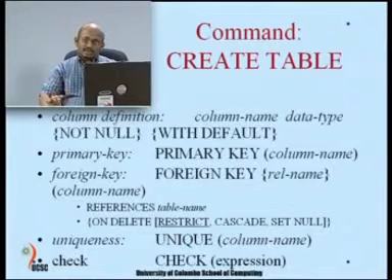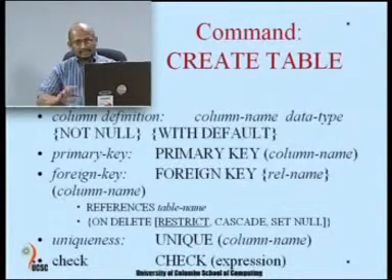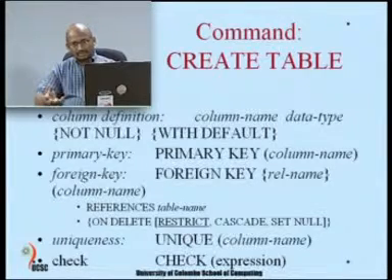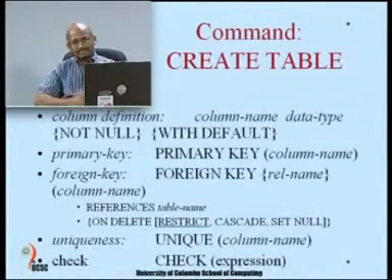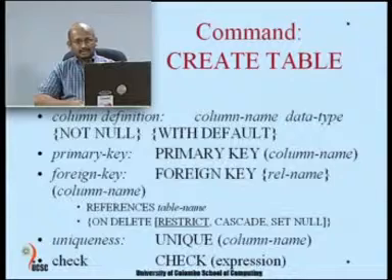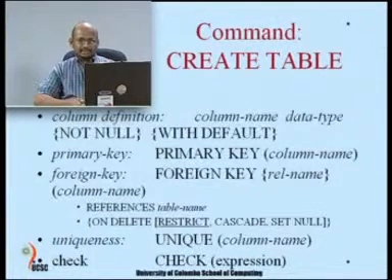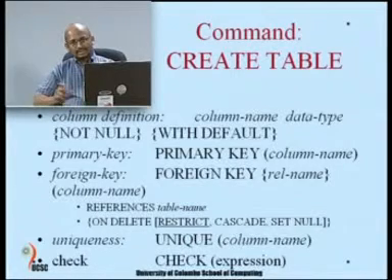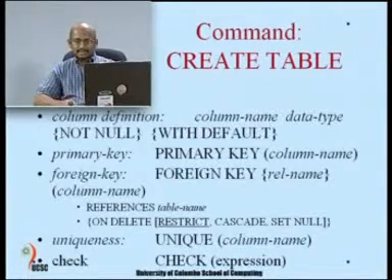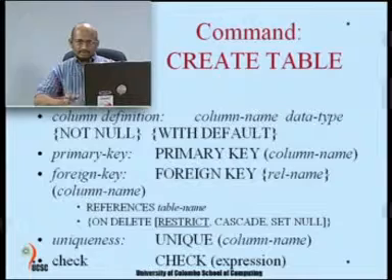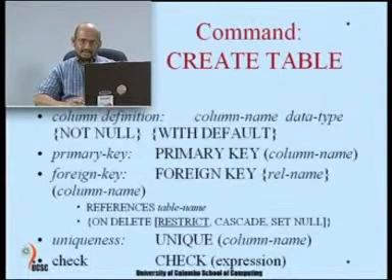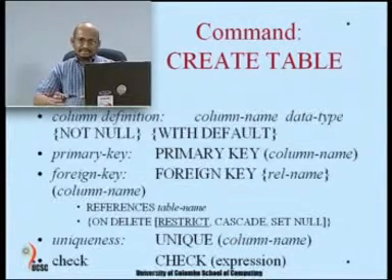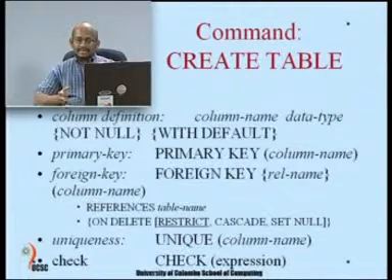For each form there is a set of keywords which are all used together to construct the complete create table statement. For a column definition, there are two main components: one is the column name, the other is the data type. You specify the column name, like the employee name, and the data type means what type of data this employee name can store.